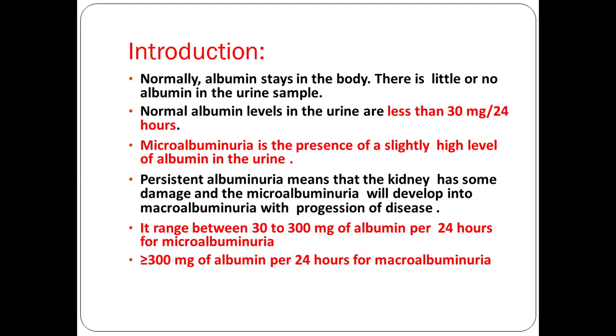If the value is less than 300 mg per day, that is microalbuminuria. If the value is equal to or more than 300 mg of albumin per 24 hours, or per day, that is nothing but macroalbuminuria. Micro means below 300. Macro means more than 300.